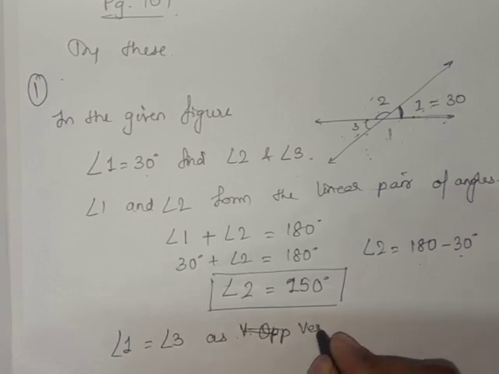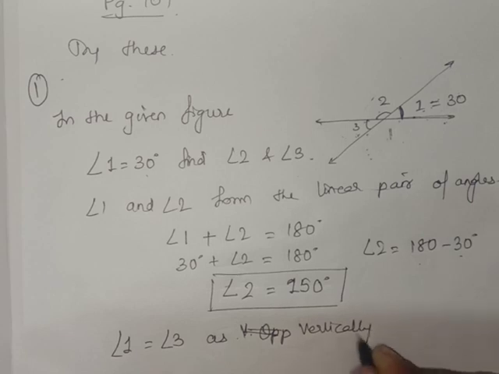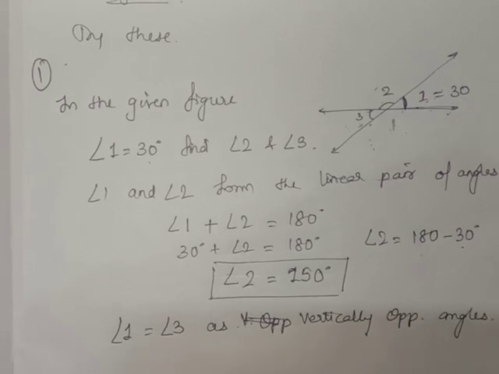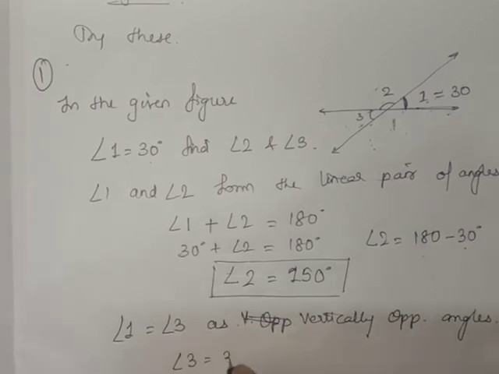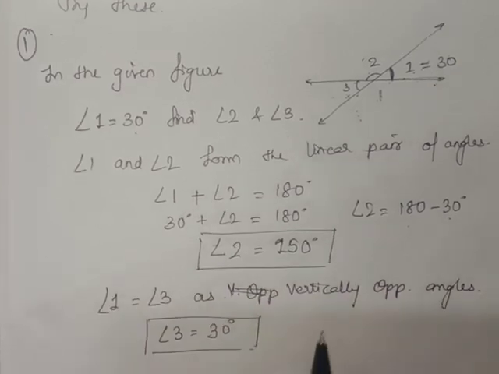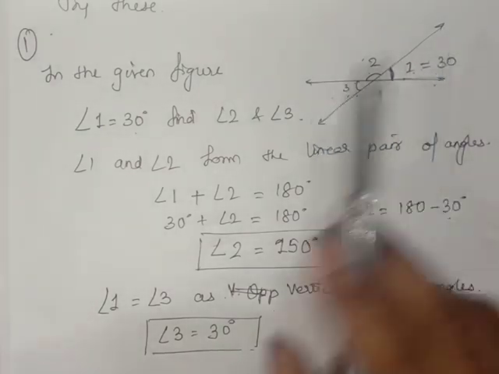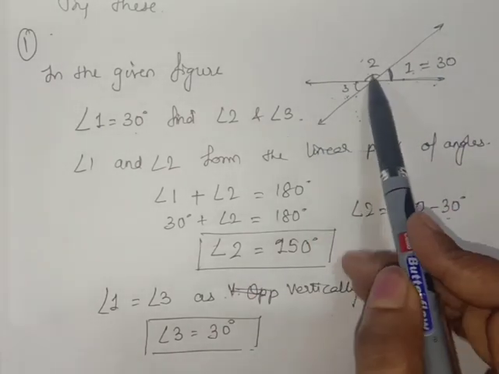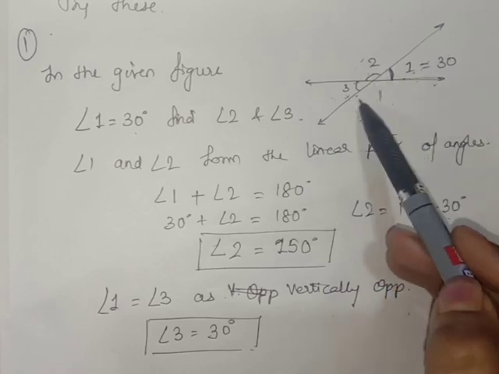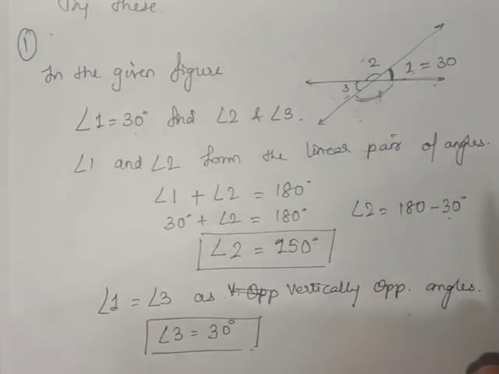Write down completely, vertically opposite angles. So angle 3 is also 30 degrees. These are the conditions that you have to write down and apply: vertically opposite angles are always equal. And since for angle 2 we have got 150, the angle on the other side will also be 150 degrees, vertically opposite angles. Clear?